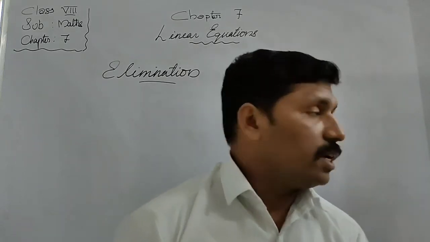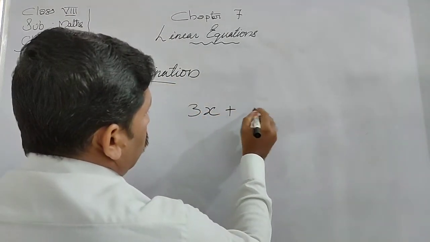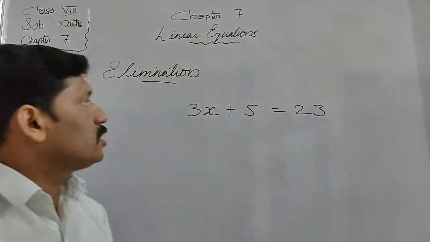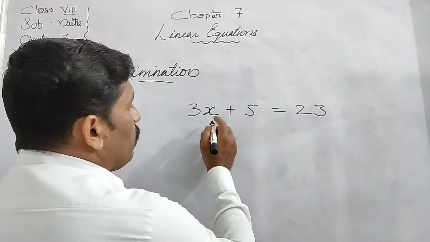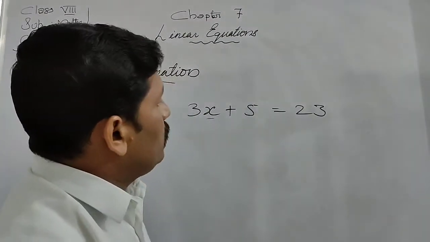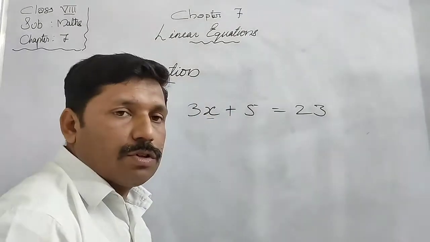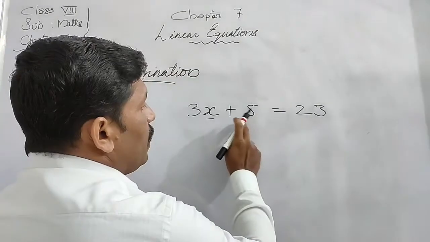Example: 3x plus 5 is equal to 23. This is a linear equation; the highest power is 1 and only one variable. Suppose I want to find the value of x. So I want to eliminate this 5 and this 3 also. How to eliminate this 5?